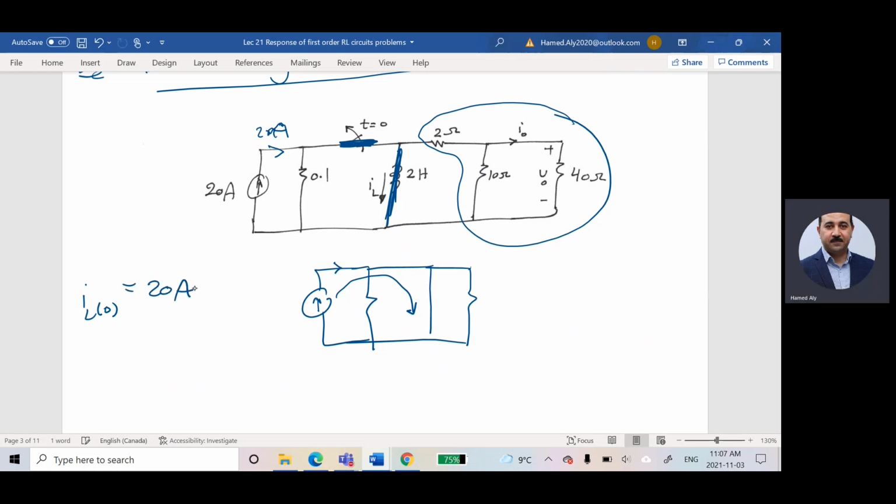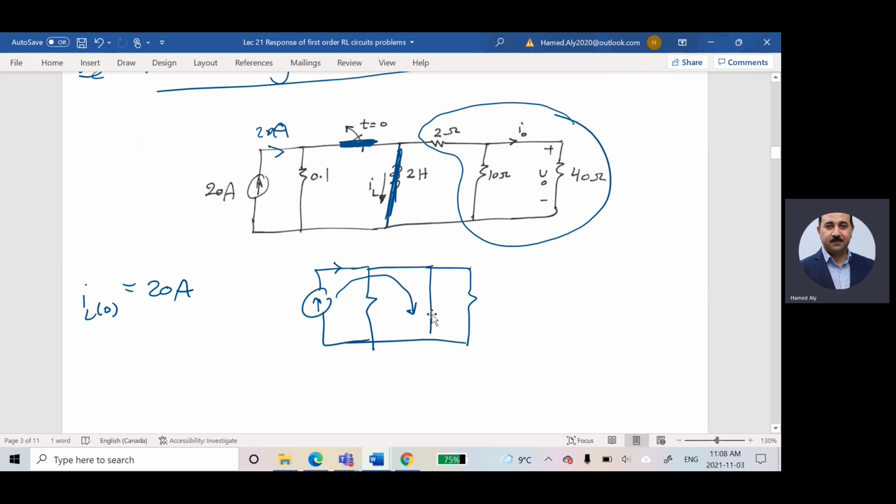20 amps. But just 1 second, what's going to happen if I have a resistor here? If you have a resistor here, the story will be different. So I have a current here that will go in that direction, right? And the current here will try to look to this and this. So which branch the current will prefer?